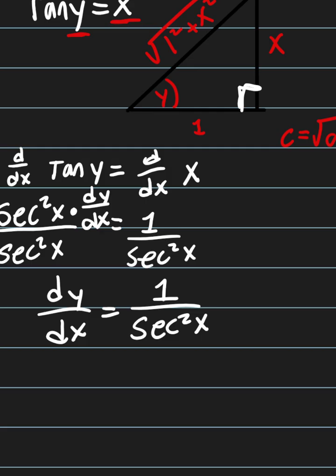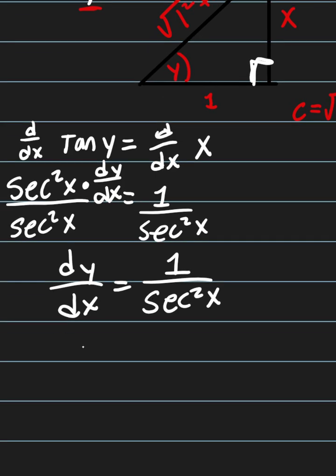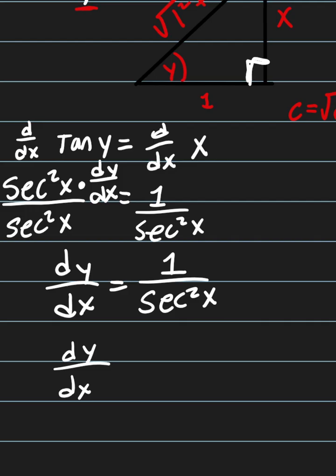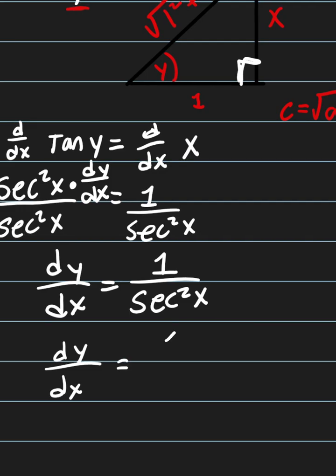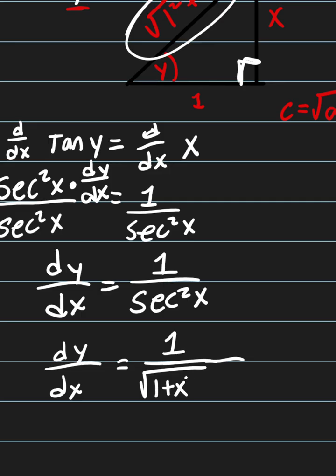But now we know our hypotenuse. So let's go back here. What is our secant? Well, secant is the reciprocal of cosine, and cosine is adjacent over hypotenuse. So secant is hypotenuse over adjacent. Which means we're left with 1 over, what's our secant? It's hypotenuse over adjacent. So our hypotenuse is this right here, the square root of 1 plus x squared.